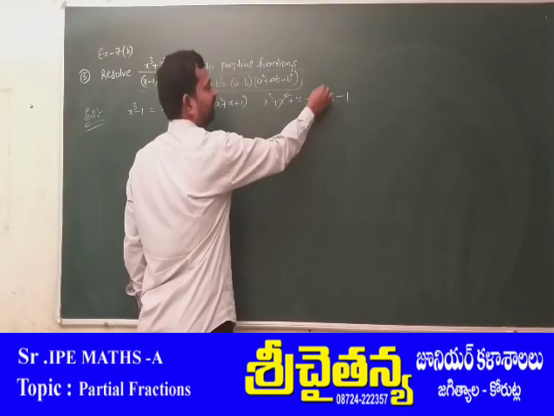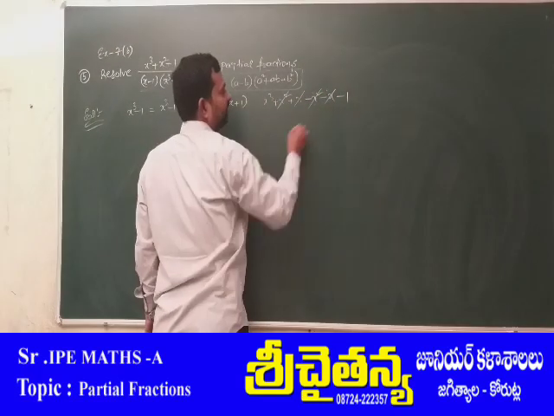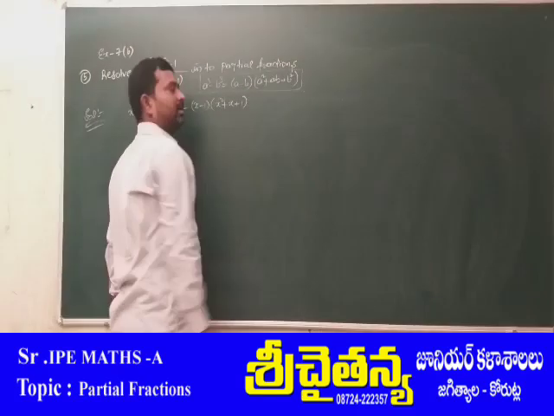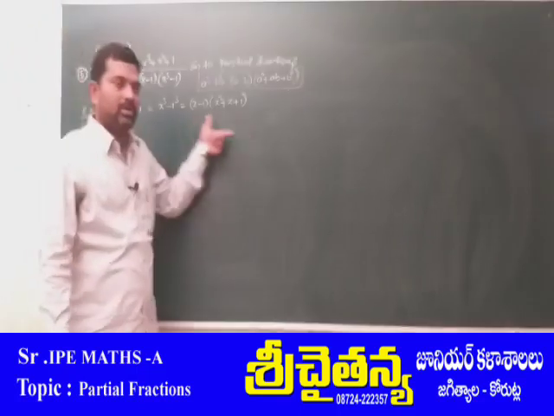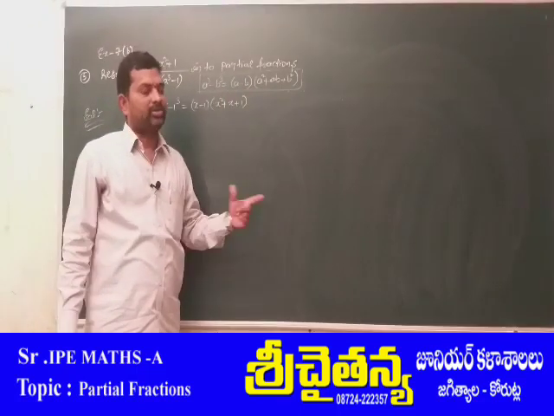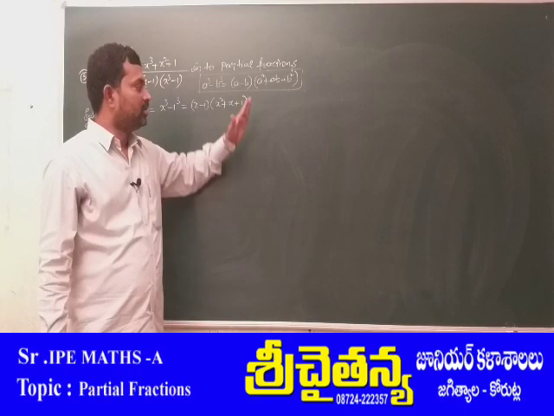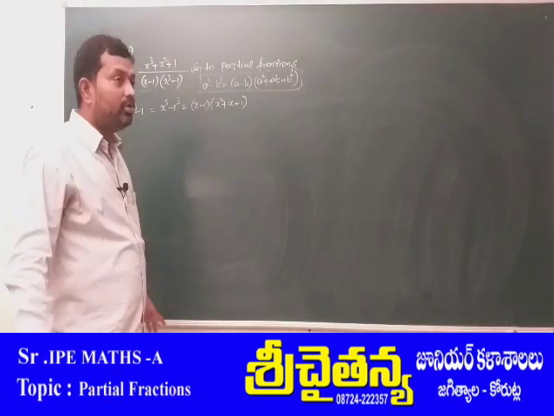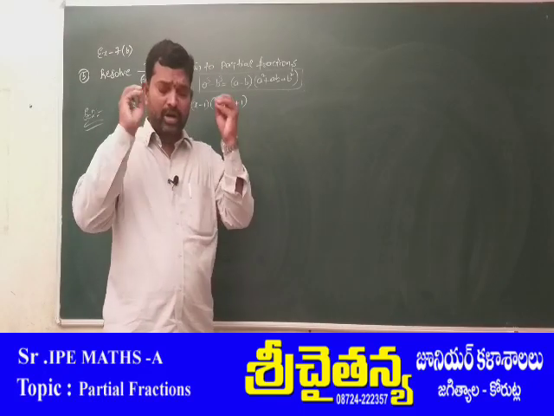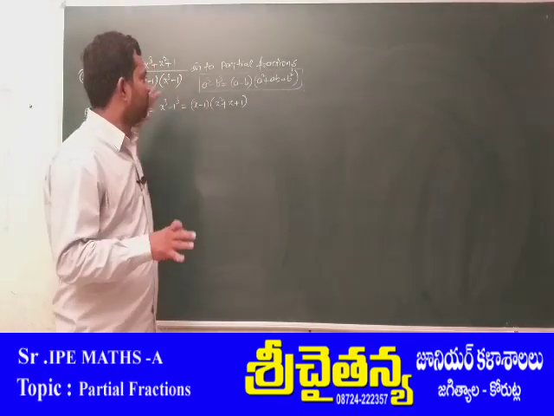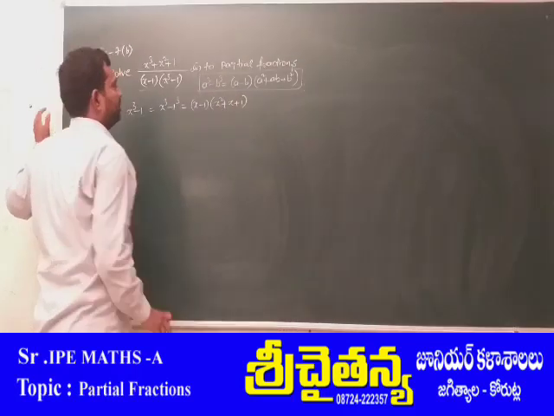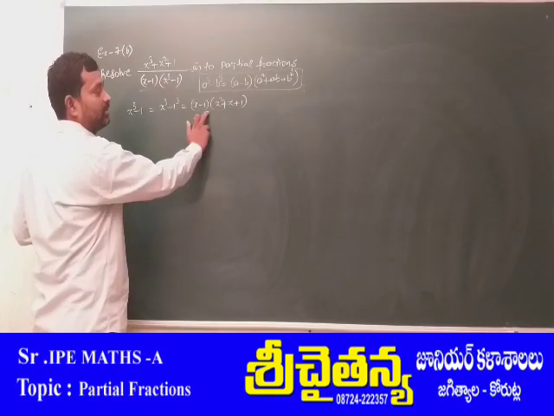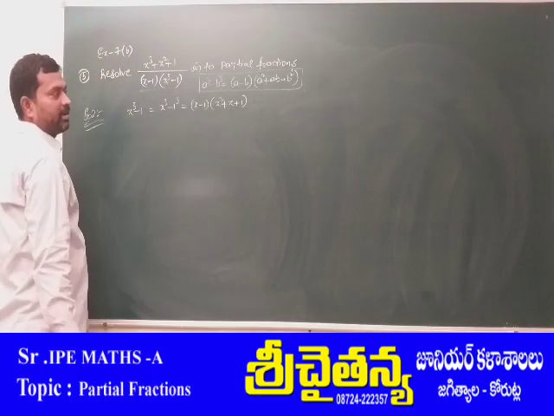Now plus x square minus x square, plus x minus x, gives x cube minus 1. So when you write any formula, cross check what you write in the question, because by oversight you may write it wrong. That is why you have to cross check the formula. x cube minus 1 equals x cube minus 1 cube equals x minus 1 into x square plus x plus 1.